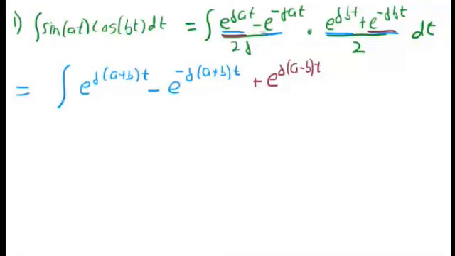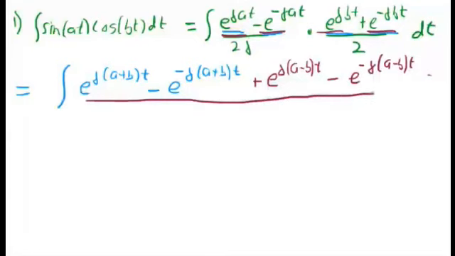Last term, minus e to the minus j at times e to the j bt. That works out to minus e, and I'll put the minus out front, j of a minus b t. We have to put the whole thing over 2 times 2j dt. If you didn't follow my algebra, just write it out yourself. It's easy.